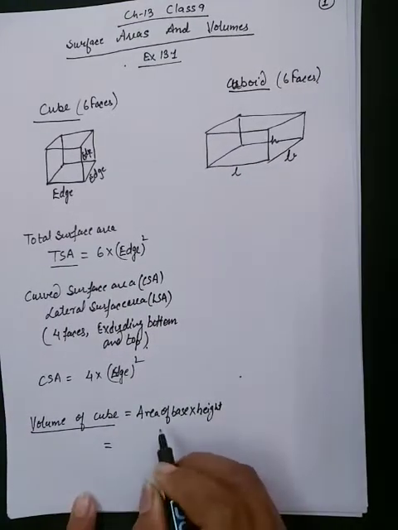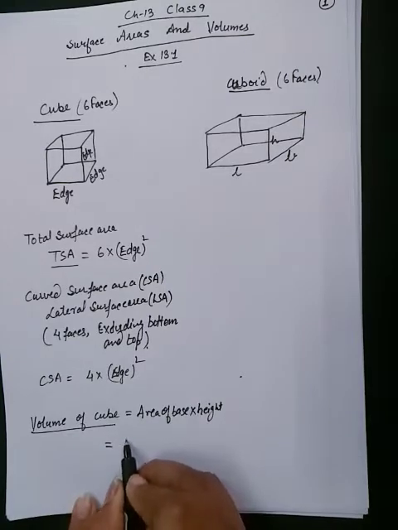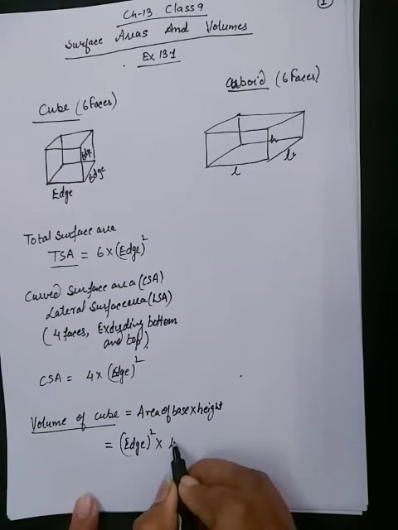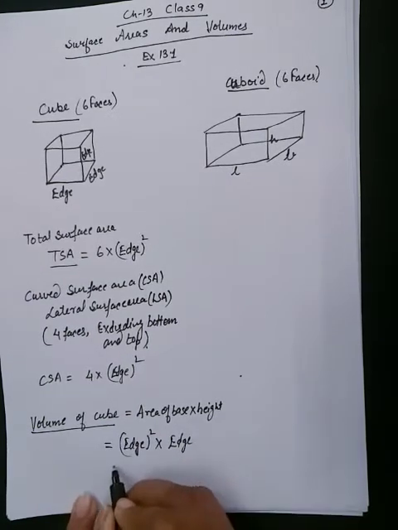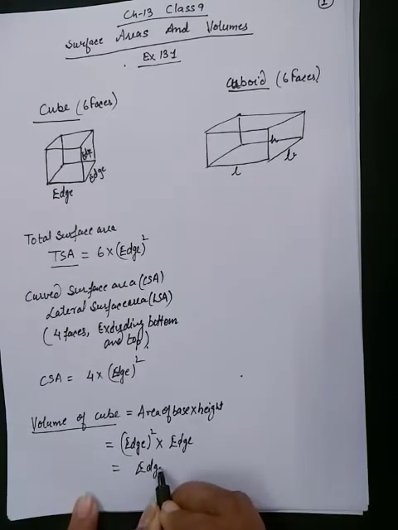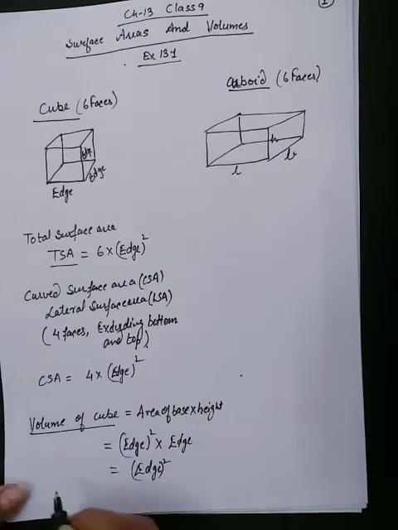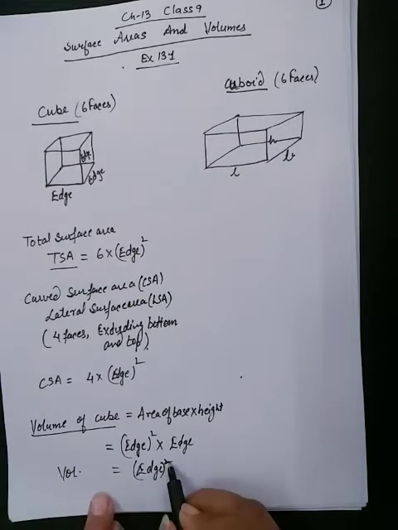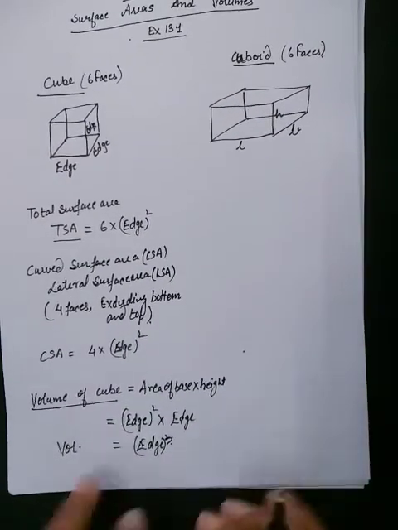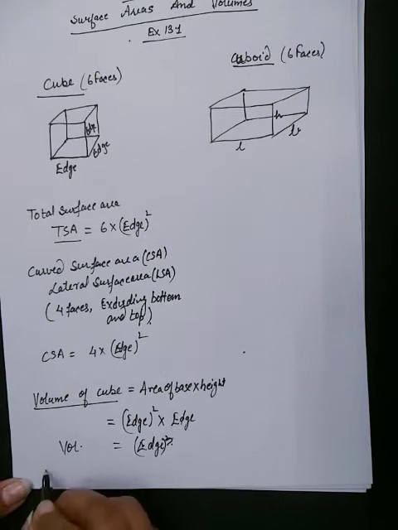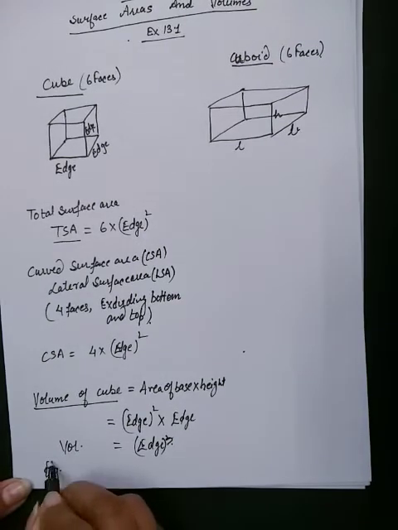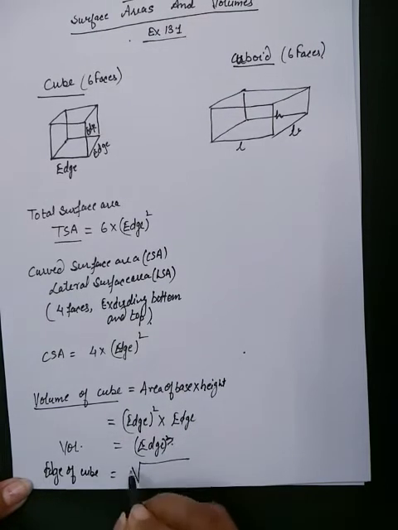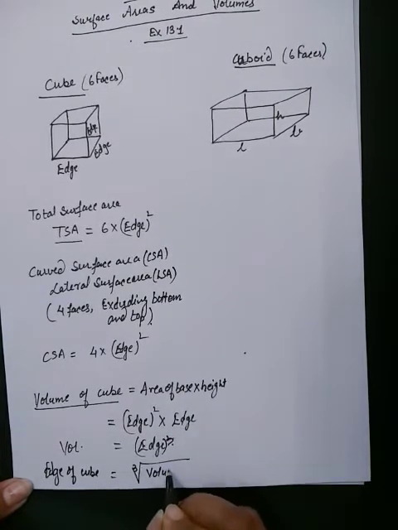And the area of the base of a cube is edge square, and its height is also edge. So it will be edge cube. Volume of a cube is equal to edge cube. And whenever we have to find its edge, it will be the cube root of its volume.